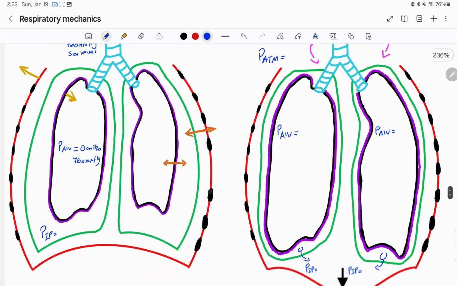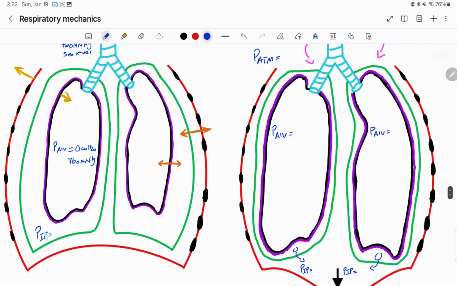Now, remember that I told you at the start that there is a potential space in this cavity, okay? And that's primarily due to the fact that the lungs are pulling the visceral pleura inwards and the chest wall is pulling the parietal pleura outwards. And that's creating a space here, which, because the volume in that area is increasing, the pressure in there is decreasing. It literally is a negative space. And what is the value of the pressure there?